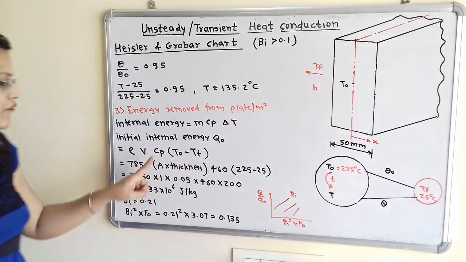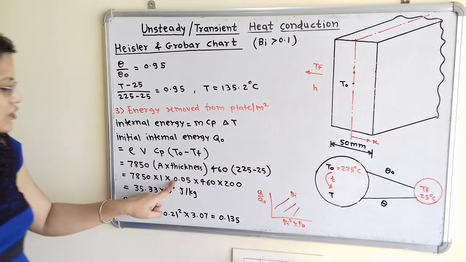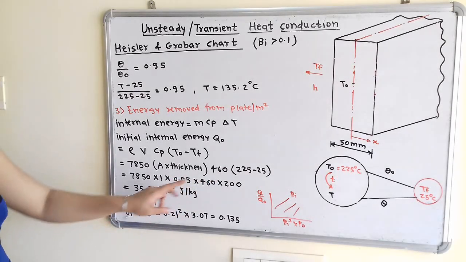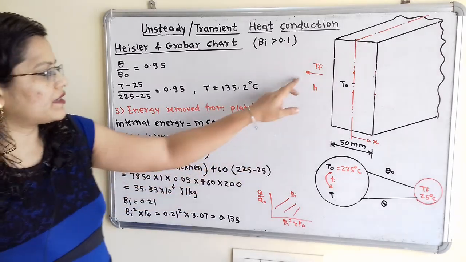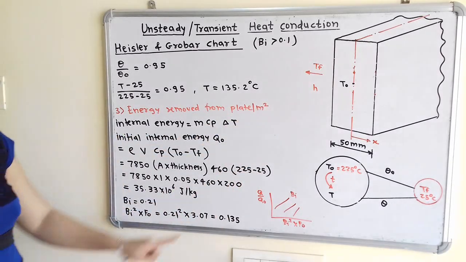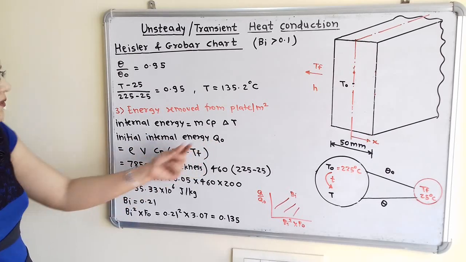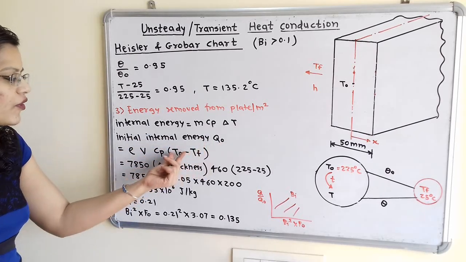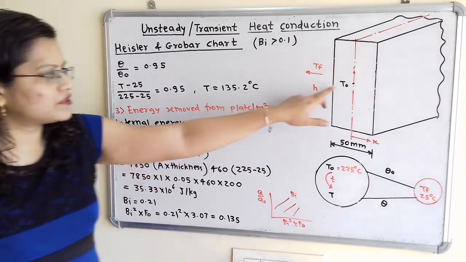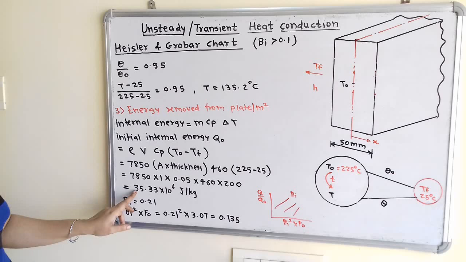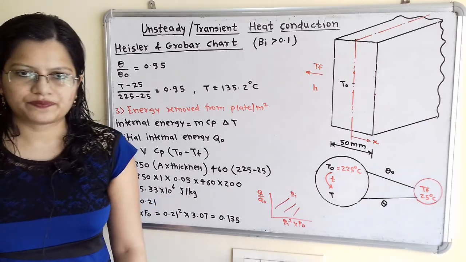So here we have to take 1 unit area, that is 1, and thickness is 50 millimeter, that is 0.05 meter. Then Cp 460 and T0 minus Tf, that is 225 minus 25, that is 200. When we calculate this, we will get the value of Q0, because this is the value for time T equal to 0. We have used here the temperature T0. So Q0 is 35.33 into 10 raised to 6 joule per meter square.